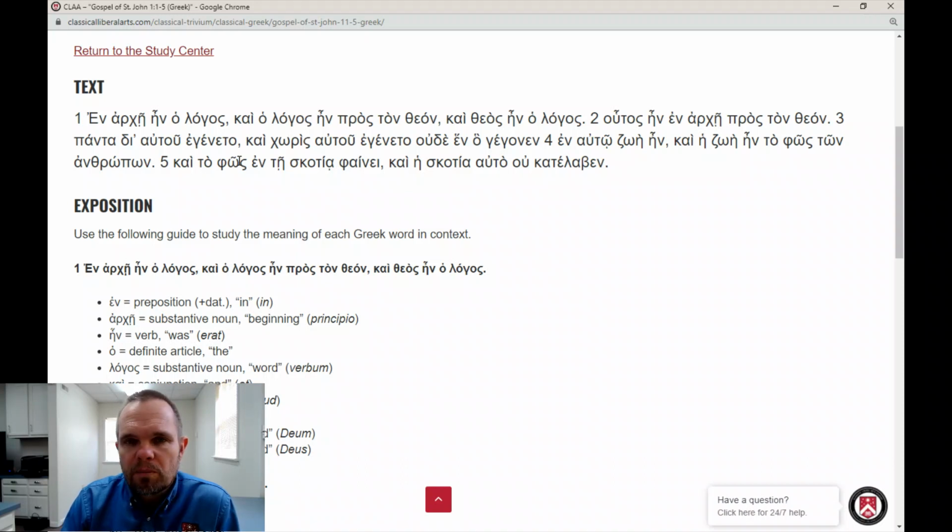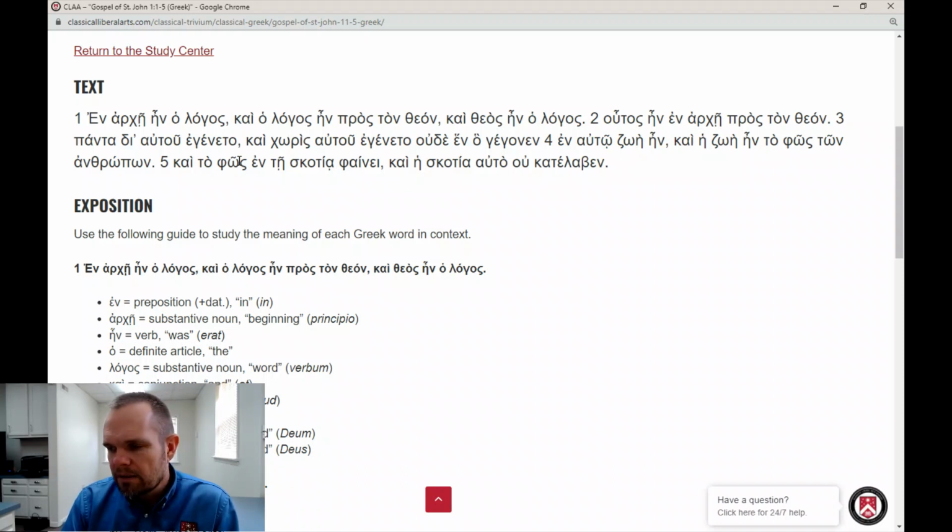In the Classical Liberal Arts Academy, there's no need to start with fake reading lessons and fake studies. We can jump right in to real Greek language texts and start reading them. And join to this study of Greek reading, the study of Greek grammar. Just take your time and work through Greek grammar as you work through Greek reading, and you're going to have a great knowledge of the Greek language as you go along.